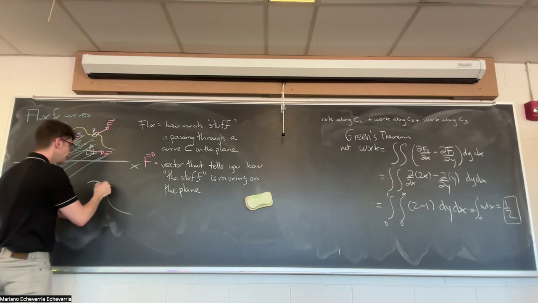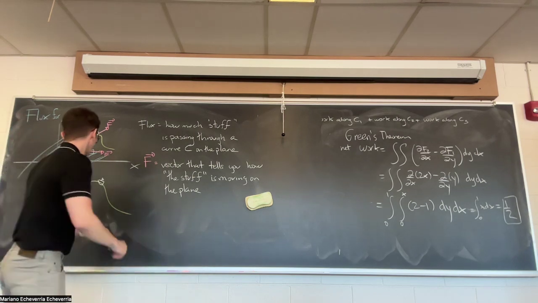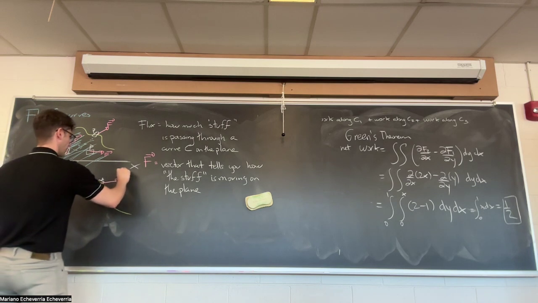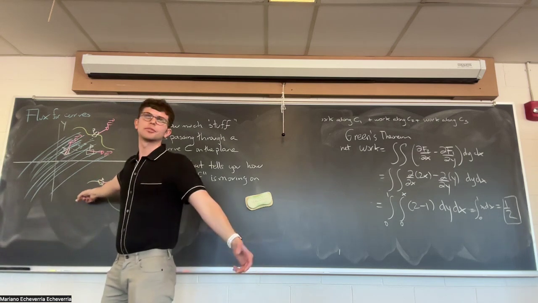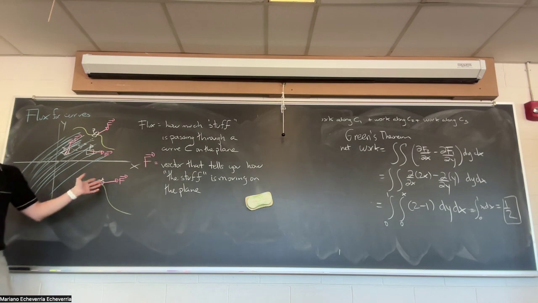So once you get to the edge, to the border, to this curve, you have a vector that tells you the velocity that this ship was carrying, the velocity of the ship at that point.